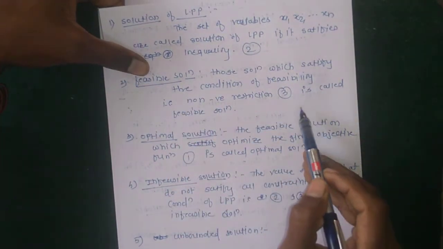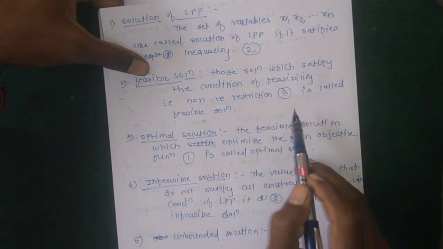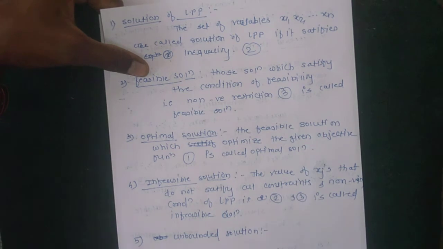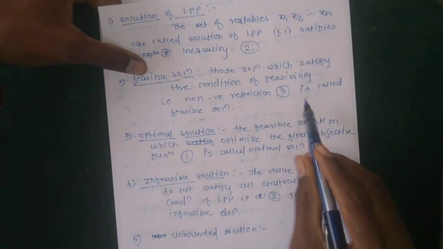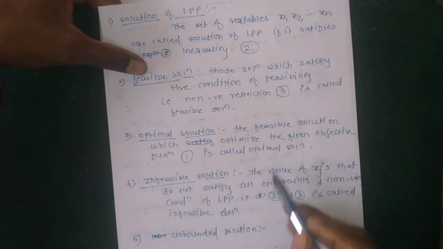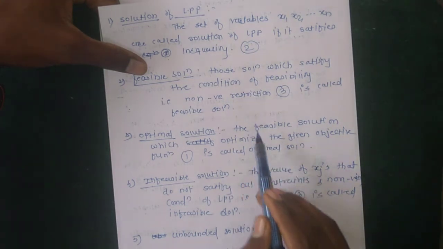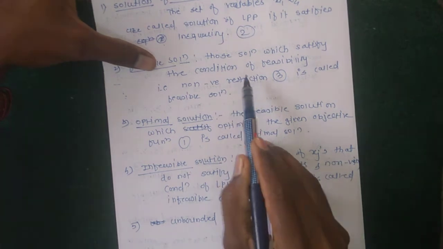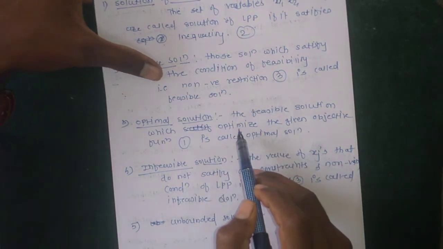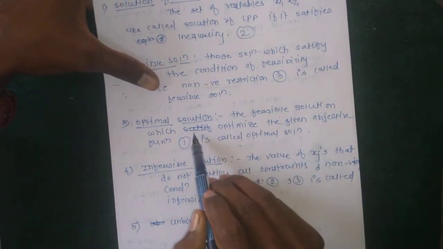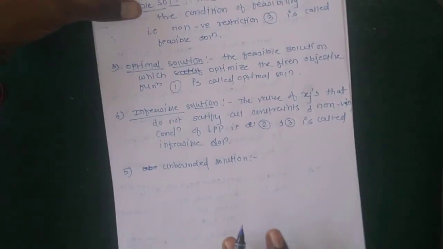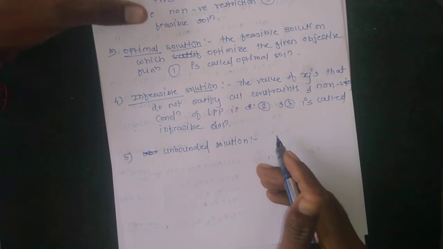Suppose x1, x2, up to xn is a feasible solution, but we cannot obtain the optimal objective function value, that is, the optimal solution from it. Then this solution is called an unbounded solution.